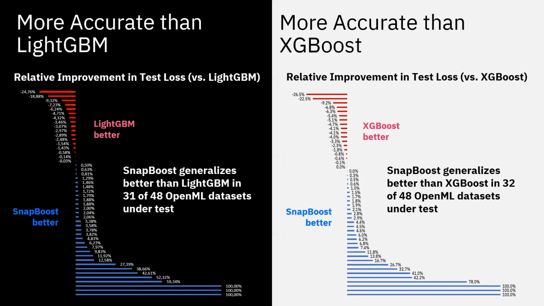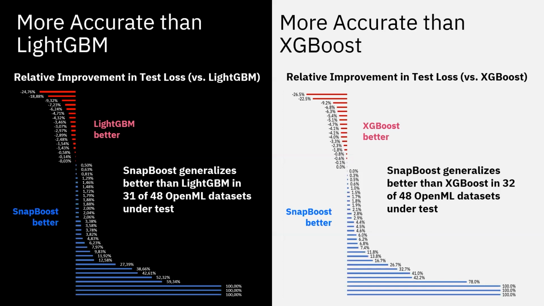And so on the left-hand side, we compare SnapBoost against LightGBM. And the red bars are the data sets where LightGBM was better in terms of the test loss. And the blue data sets at the bottom are the cases where SnapBoost achieved a better, lower test loss.